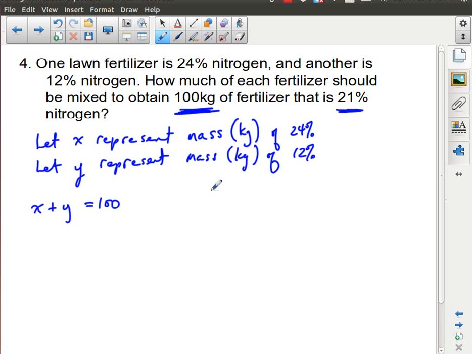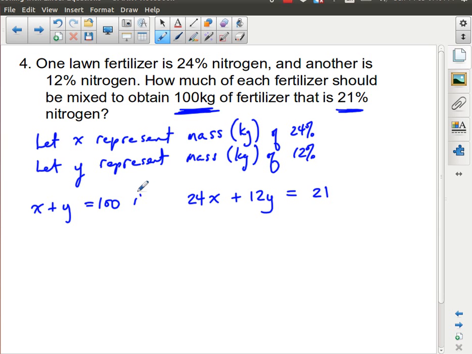So we end up with an equation. We're trying to create a 21% mixture, and this gets a little tricky. So I'm going to show you the mistaken equation, and it's understandable why you'd make this mistake. As I mentioned before, a lot of times we don't want to carry extra clutter here. I'm actually going to show you this a few ways. 24 times the X mass plus 12 times the Y mass is going to be equal to 21.